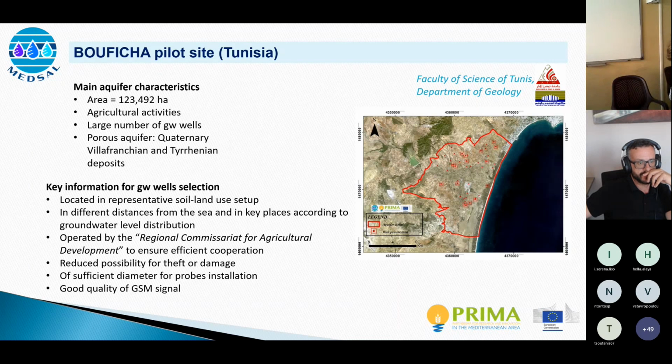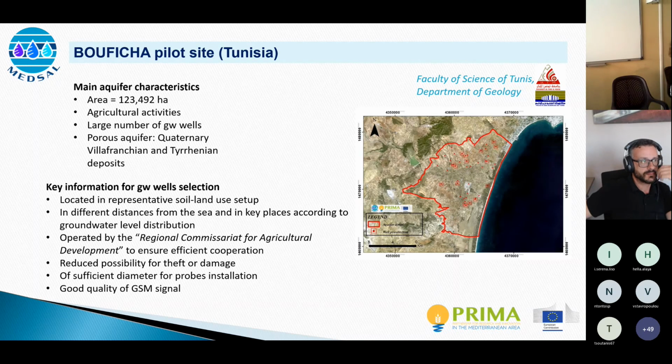It covers over 130 square kilometers, with an average annual precipitation of 400 millimeters.